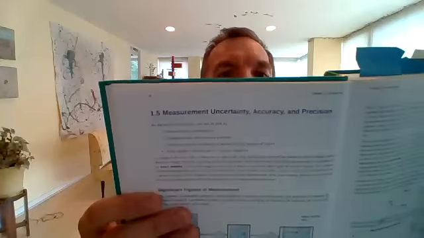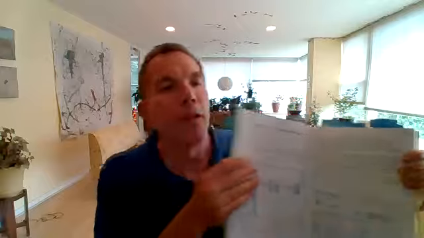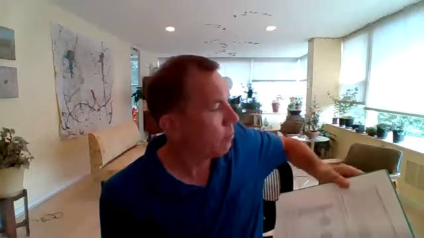Okay, now once you download that, what I would like you to do is find the section that talks about measurement and uncertainty. So it's section 1.5. In my hard copy book, it starts on page 36.